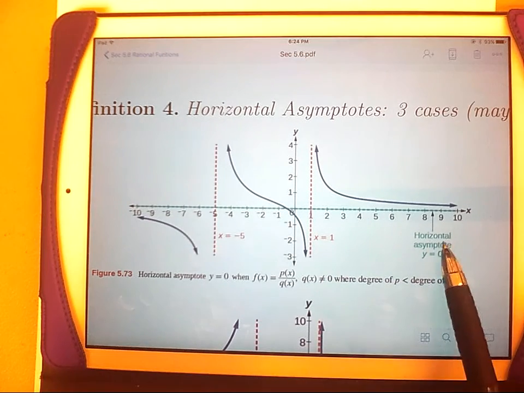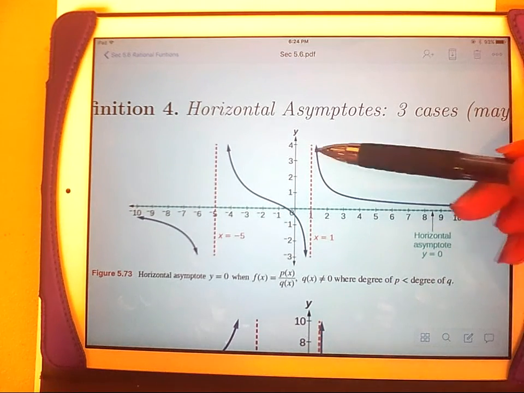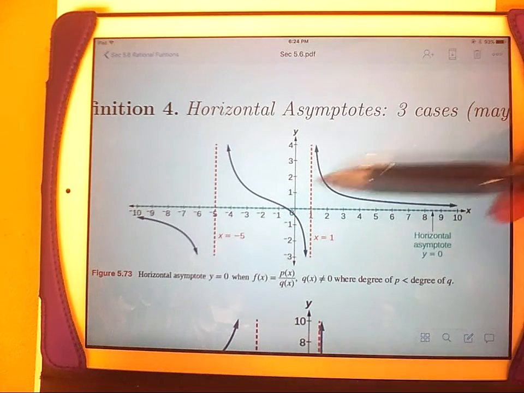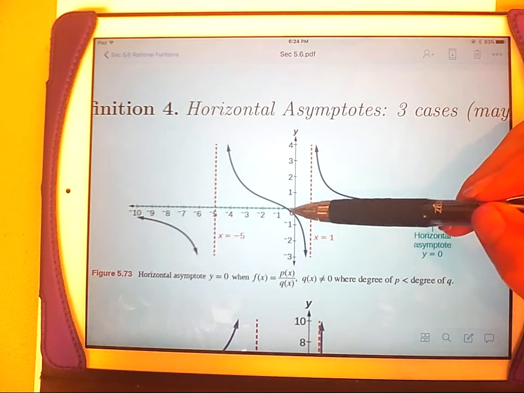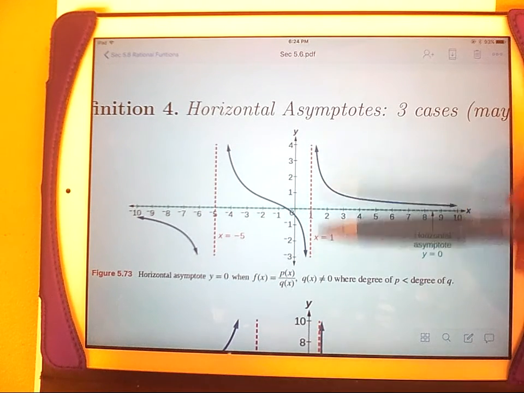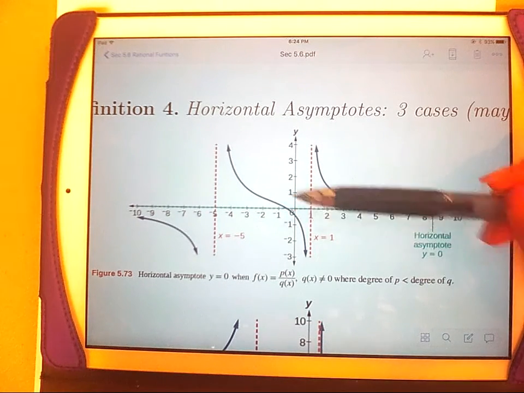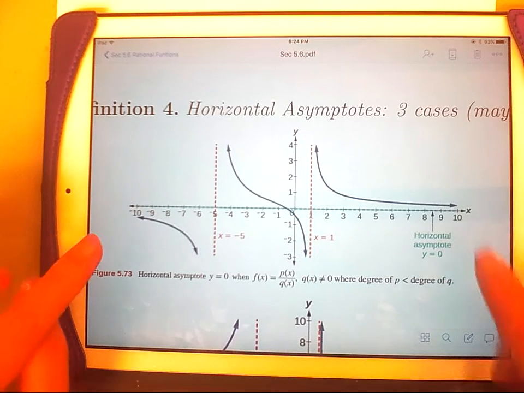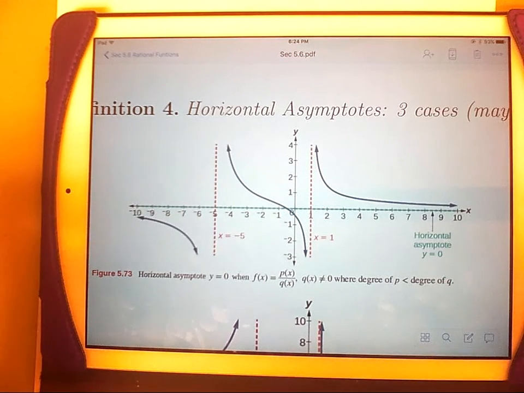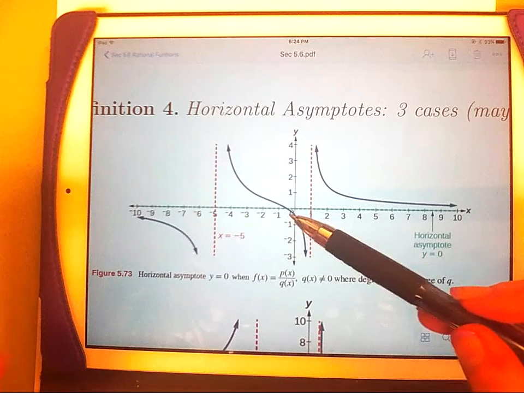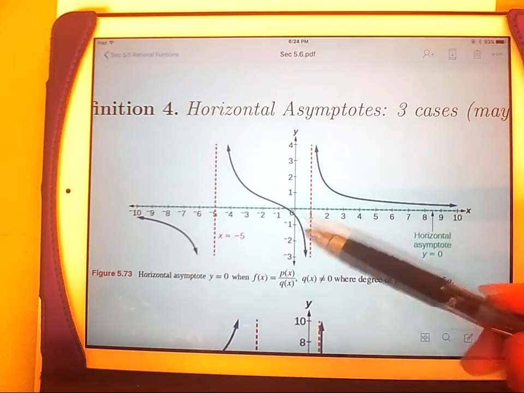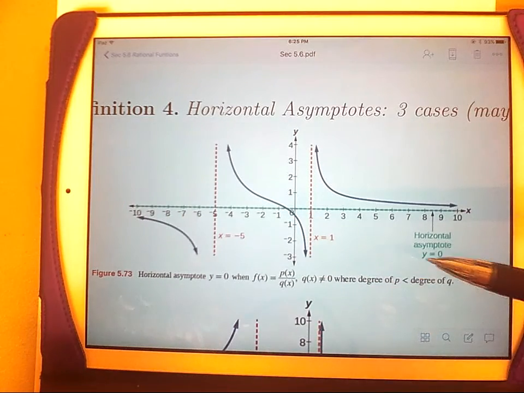Notice here we have a horizontal asymptote of y equals 0, verticals at x equals 1 and x equals negative 5. But the graph does cross this horizontal asymptote. Now, vertical asymptotes can never be crossed. But these horizontal asymptotes, because we're really talking about extremely large or extremely negative values, they can cross in between. So that is perfectly acceptable.